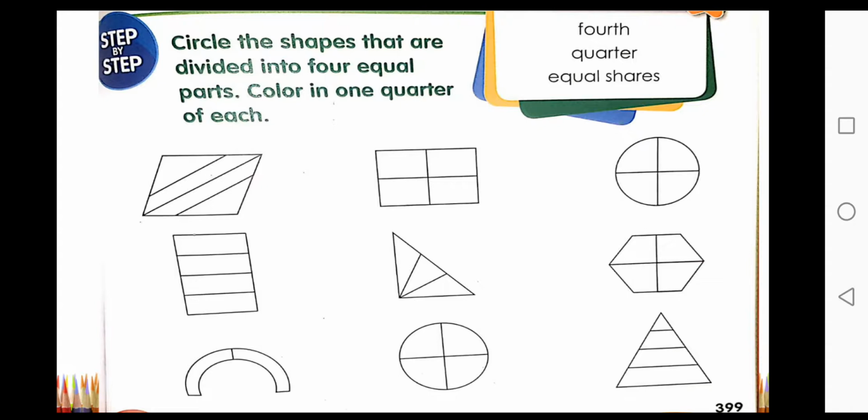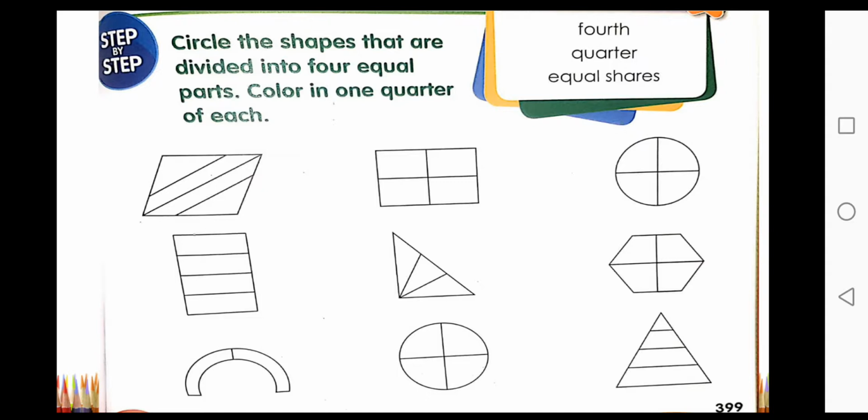Are they all the same? Yes, they are. So I will circle the third shape. Good. And now you will color 1/4.